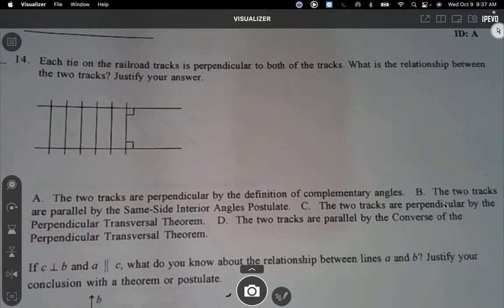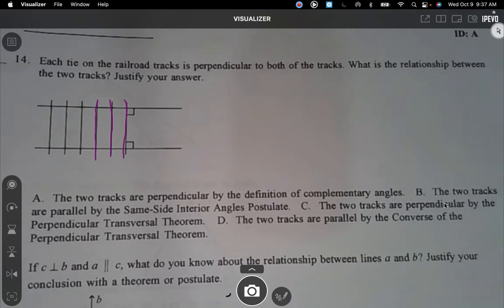So these are the ties, they're perpendicular. Every time they're 90-degree angles with the tracks. Do we get that? Okay. So what's the relationship between the two tracks? They're parallel. All right, so the tracks are parallel.